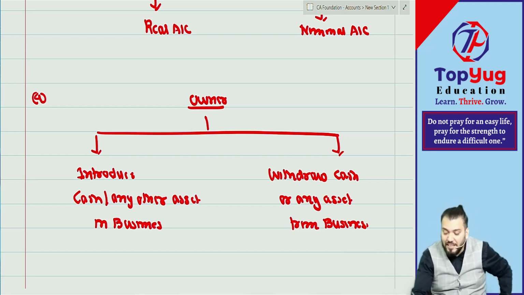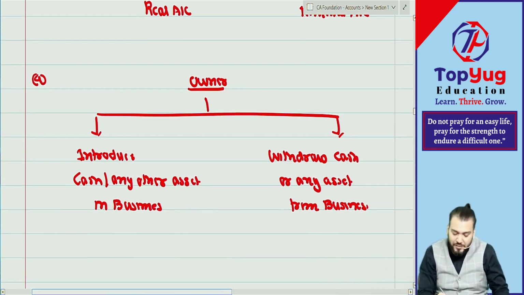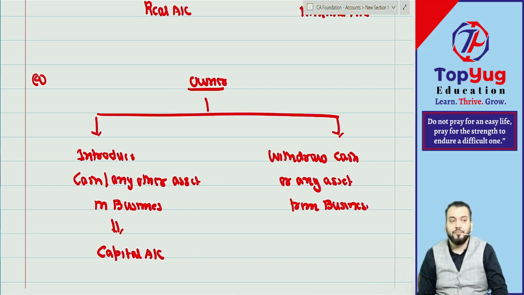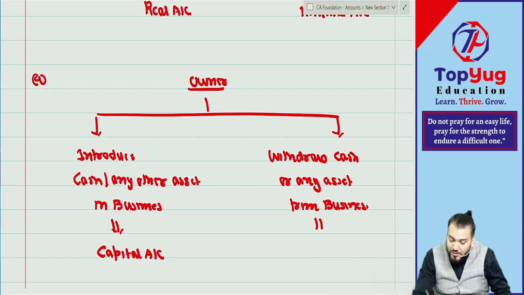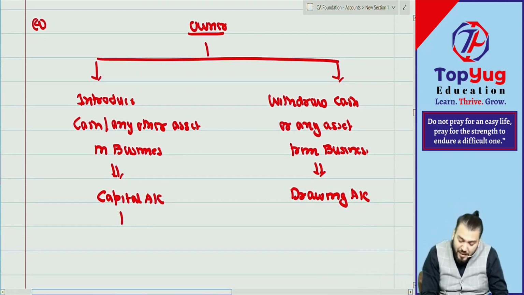So whenever he introduces either cash or any other asset, which account will we use? Capital account. But whenever he withdraws something, we will always open which account? Drawing account. When I say capital account, it is increasing capital.